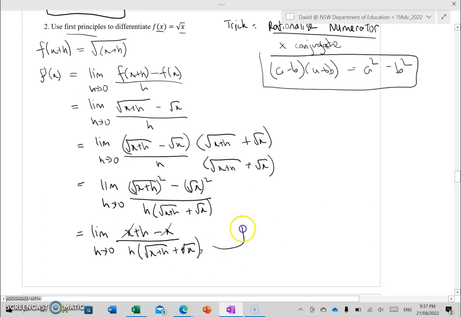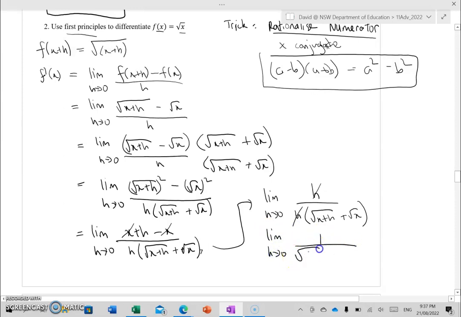So let's see what we've got left. Limit as h goes to 0 of h over h bracket root x plus h plus root x. The h's will now cancel. So we'll get limit as h goes to 0 of 1 over root x plus h plus root x. And notice I've got rid of that h down the bottom.